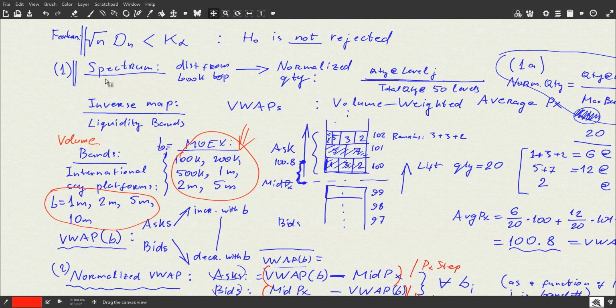That's correct. It is just an indication that something proportional to the square root of n should be here. It depends on the exact criterion. Okay, but thank you for pointing it out.